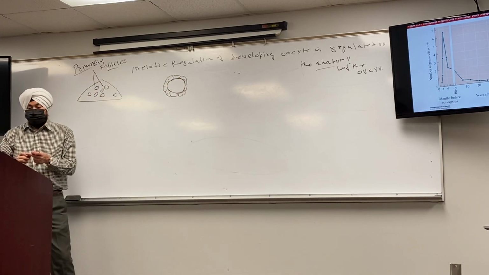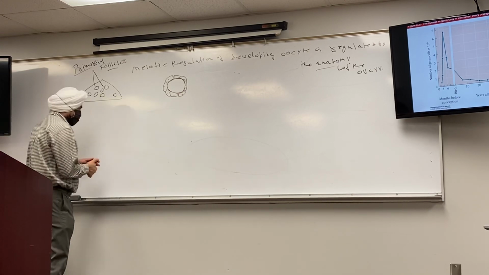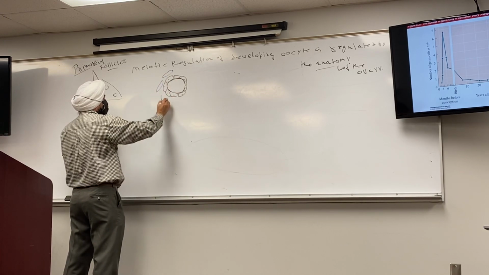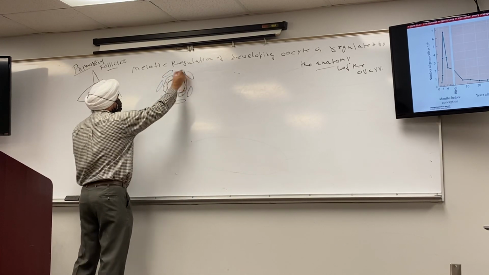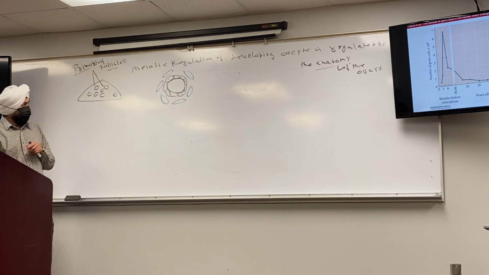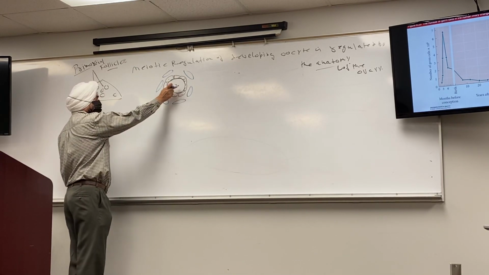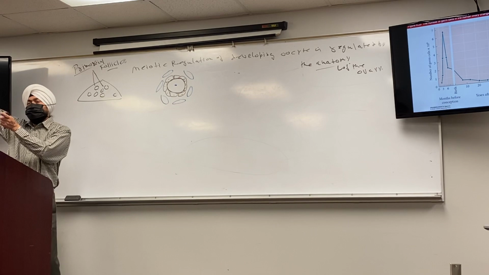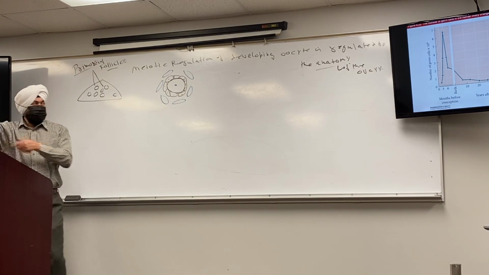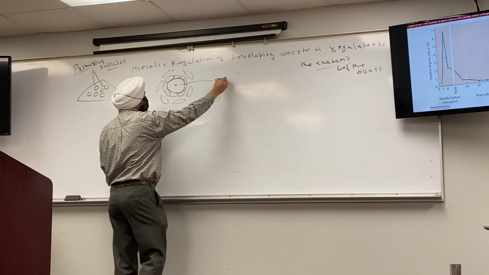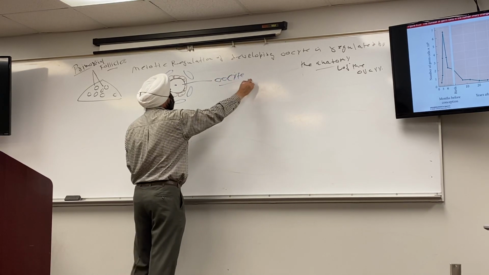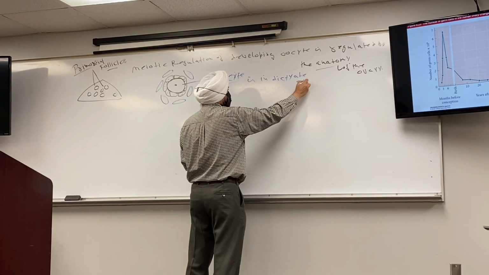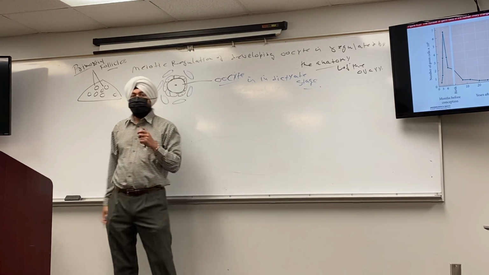And then there will be another type of cells surrounding it, like this. Now, this right here is an oocyte, a primary oocyte, right? And that oocyte is in the dictyate stage.